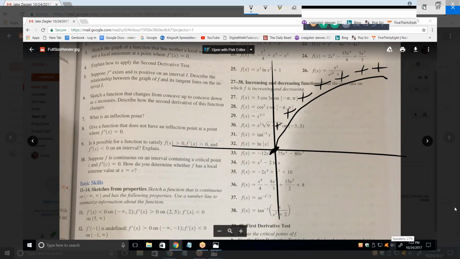And the concavity is negative, which means the second derivative is less than 0 on any interval you want, from there to there, or there to there, or 0 to infinity. All three of those things are true from 0 to infinity of the square root function, which is y = square root of x.